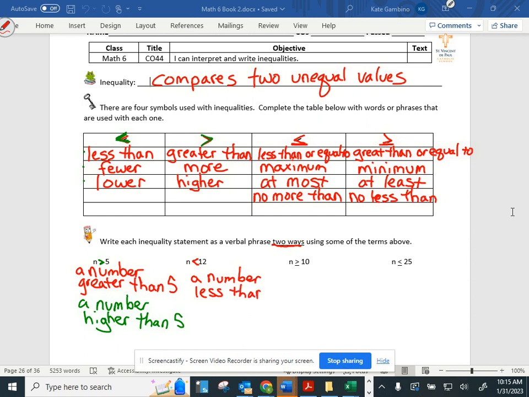So we always start with what's on the left side, just like we're reading from left to right. We start with what's on the left side. So if the N is on the left side, we start with a number. What is another way we could say that, Amelia? A number fewer than 12.